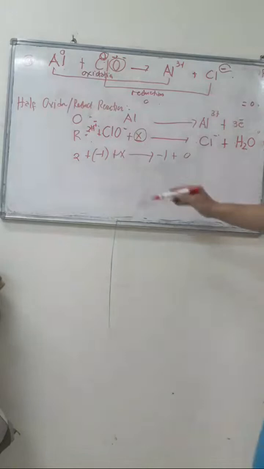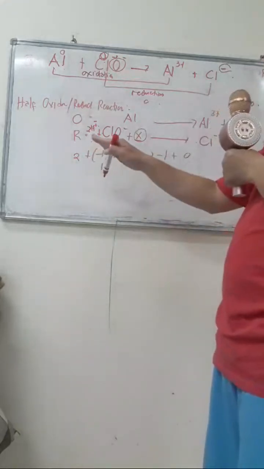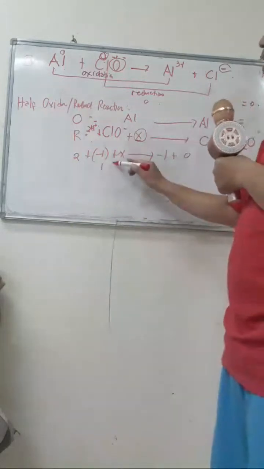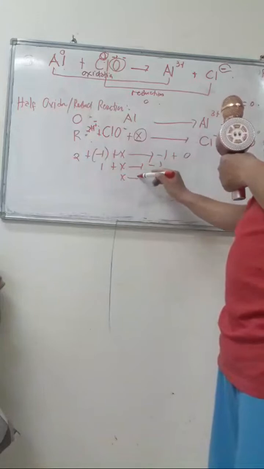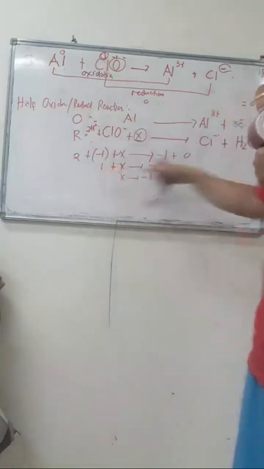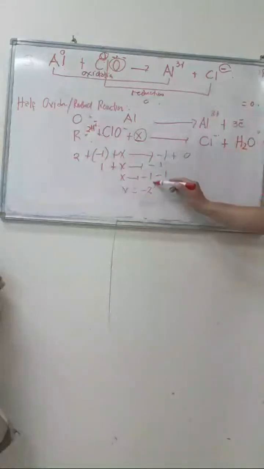Plus 0 is the oxidation state of water. 0 times 1, that is 0. Okay, so 2 plus negative 1, positive 1, because 2 is greater than negative 1. Okay, plus X is equal to negative 1. So X is equal to negative 1, transpose 1 here in the right, it will become negative 2. So X is equal to negative 2 would mean 2 electrons.